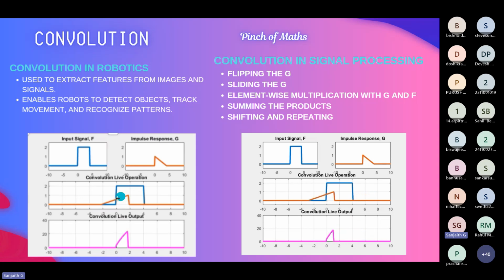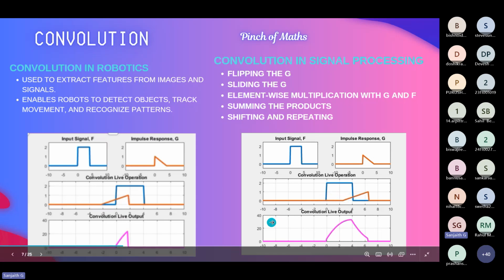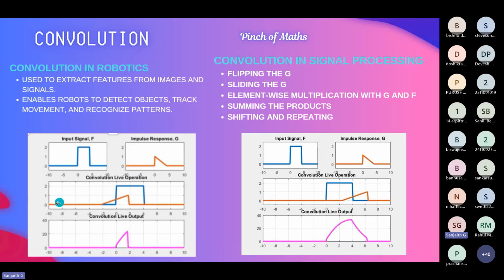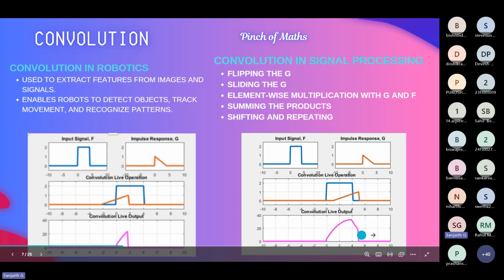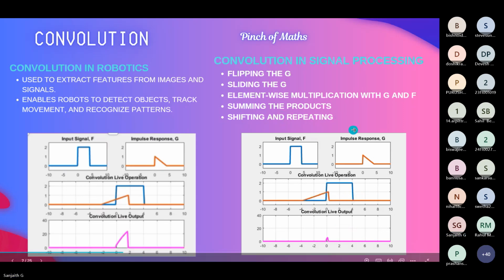We get that as an output and store it: f star g is equal to a convolved function called h, and we store the value at h of 0 as the result we get after summing up the products. Finally, we shift for each and every instance and get the output function like this. So I hope you got what convolution is.